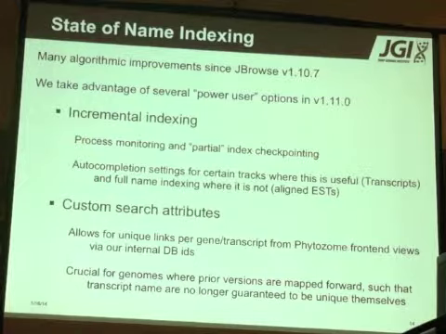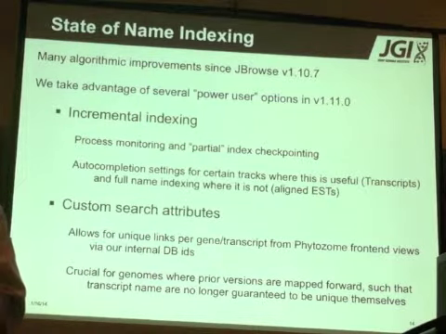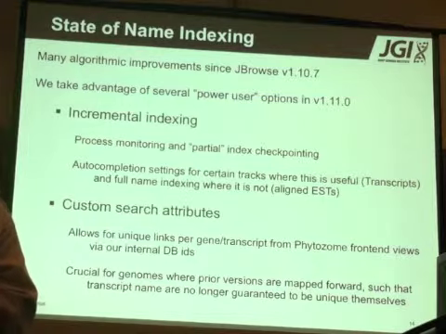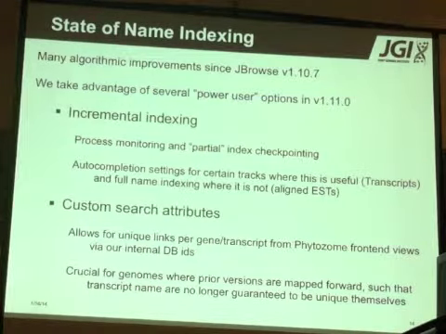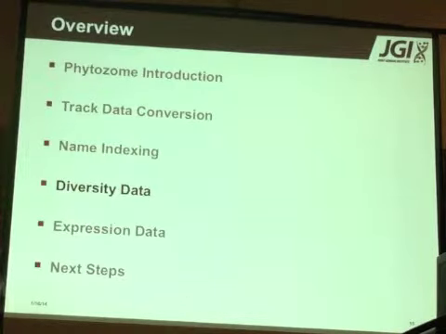And so just for being able to link directly from our front end into the region of the browser and display what we want, it's good to have a unique link that's available. And so we have this additional GFF attribute that is also indexed, and that so far is working pretty well as well.